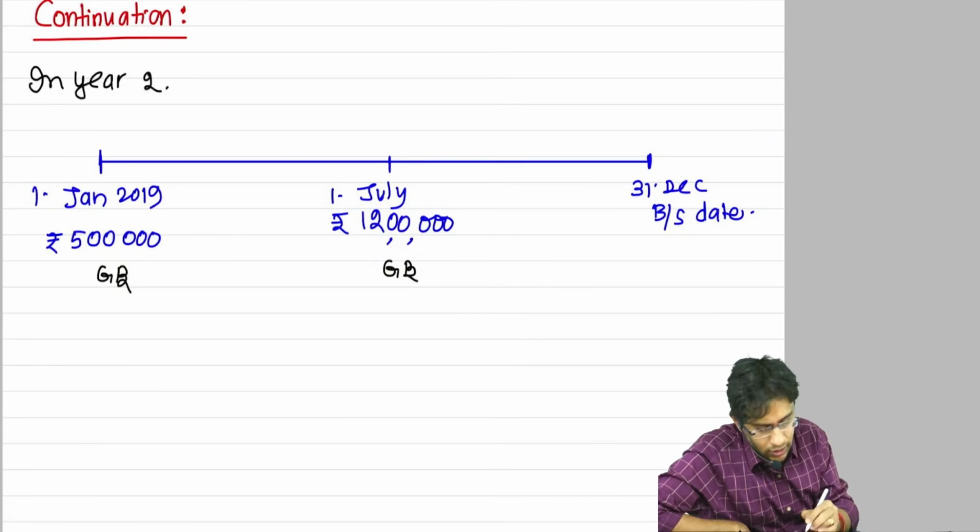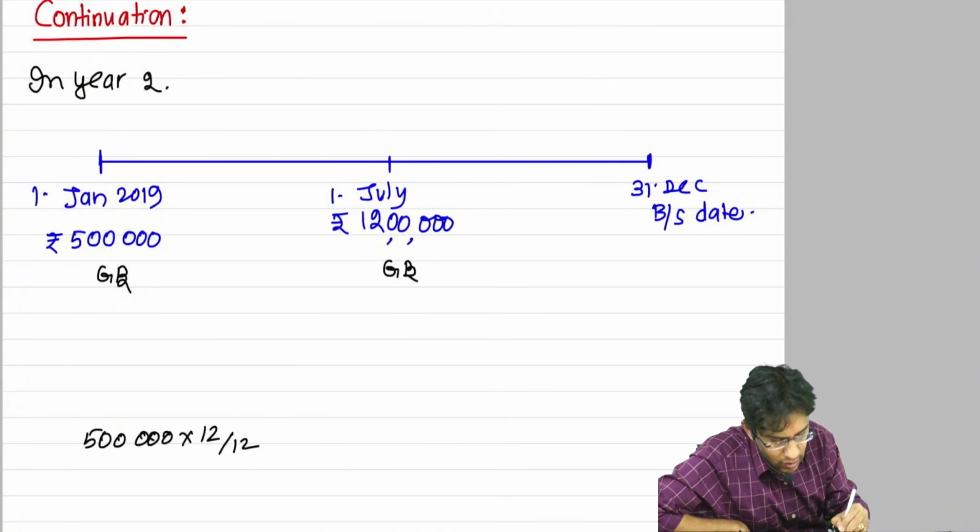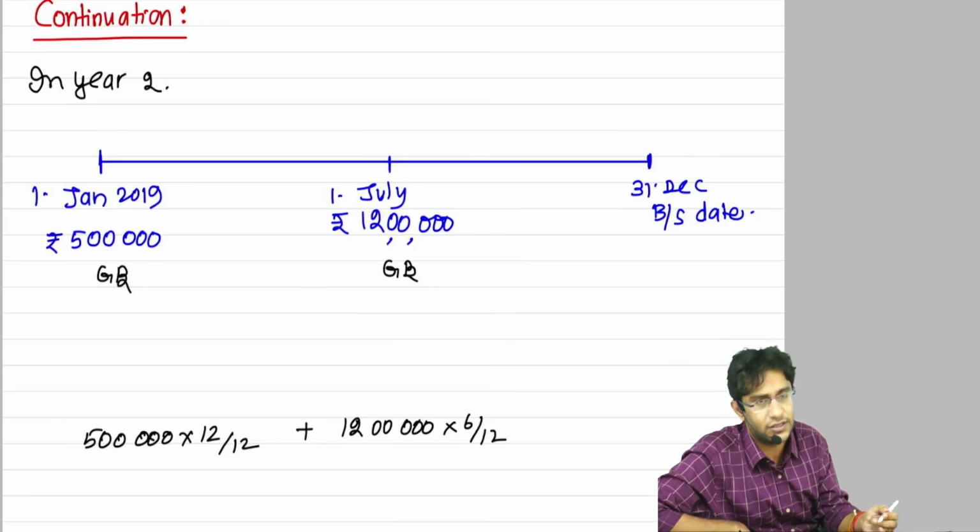Now, what the standard says is, normally what comes into your mind is this. If 5 lakhs is existing for how many months? 12 months, which is equal to 5 lakhs. If 12 lakhs money you spent in the middle of the year, it means we use this borrowing for a period of 6 months.